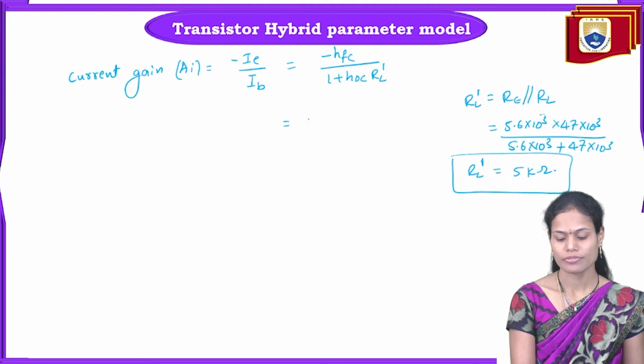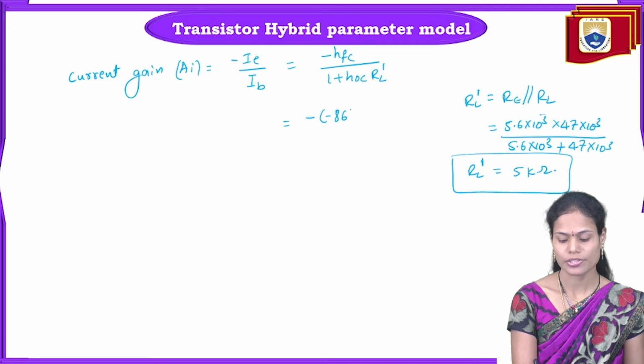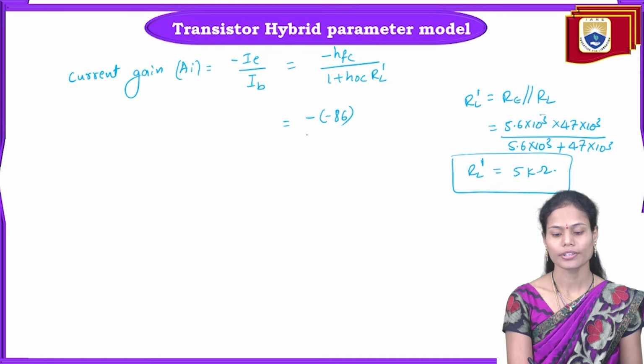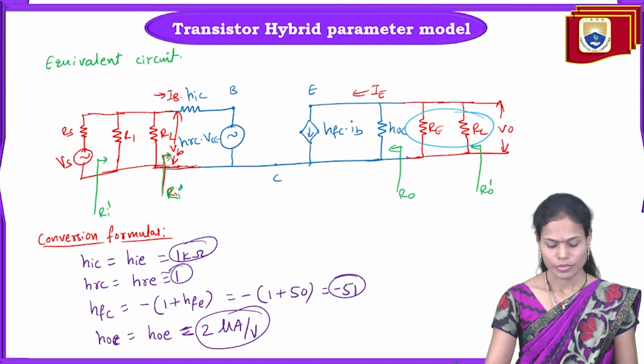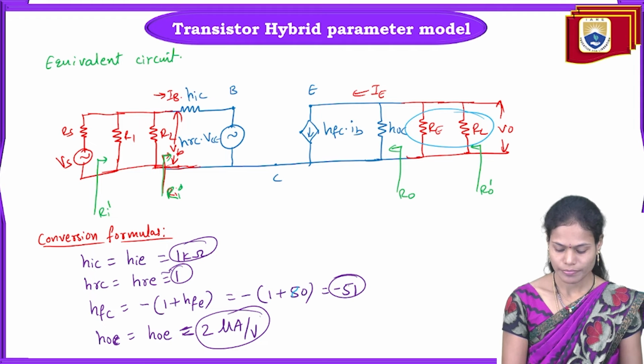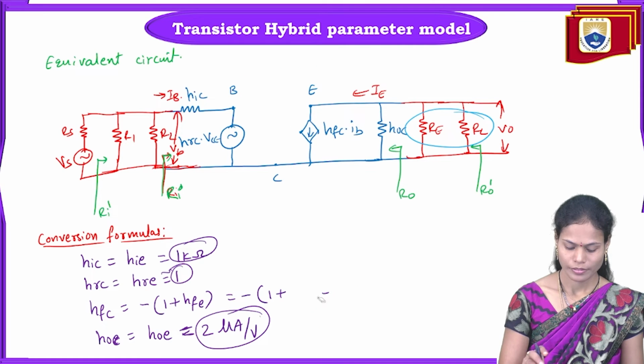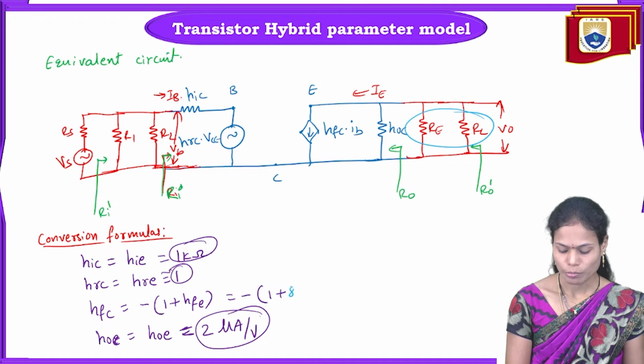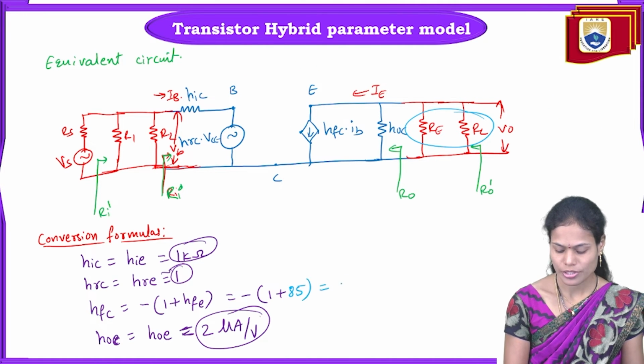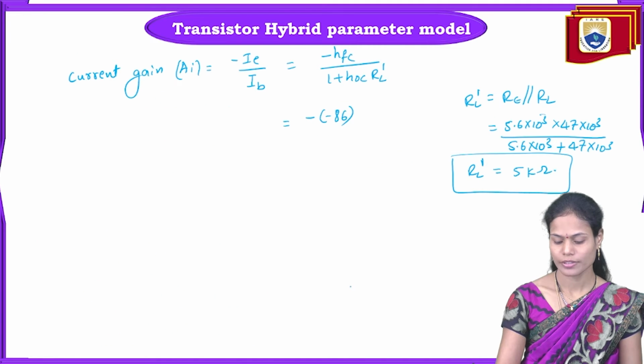So now substitute all the values here. Minus HFE value is minus of minus 86. We have calculated... Oh, sorry, here this value is 86, not 51. The HFE value given in the problem is 86.